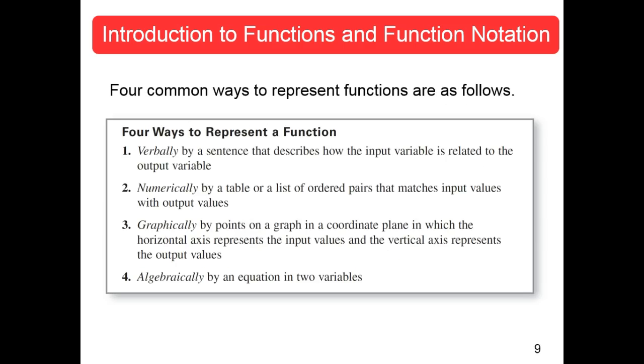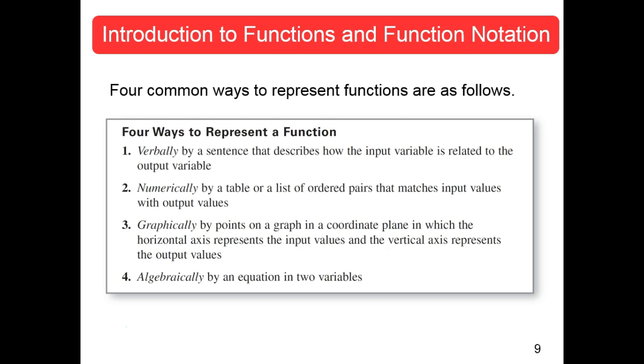So we've mentioned several ways to represent a function. Here are 4 of the most common. You can say it verbally. The set of temperatures at 6 times of the afternoon, on the hour. That would be to say it verbally. A sentence that describes how the input variable, the time, is related to the output variable, the temperature. You can do it numerically by a table or a list of ordered pairs.